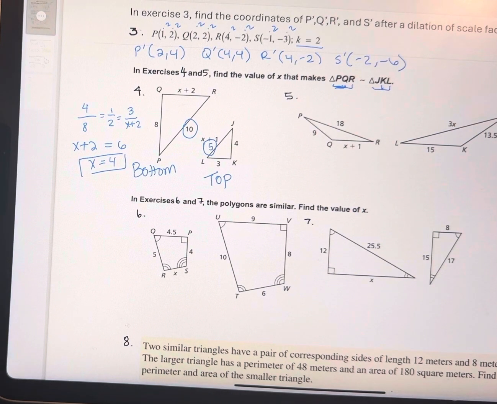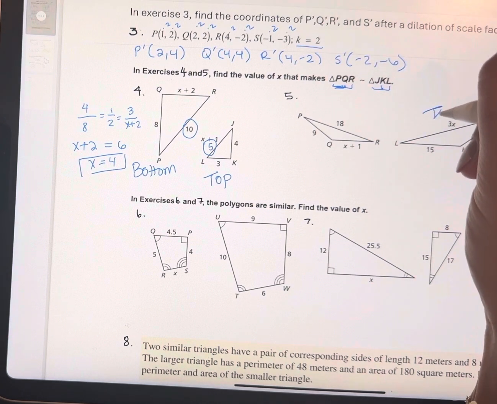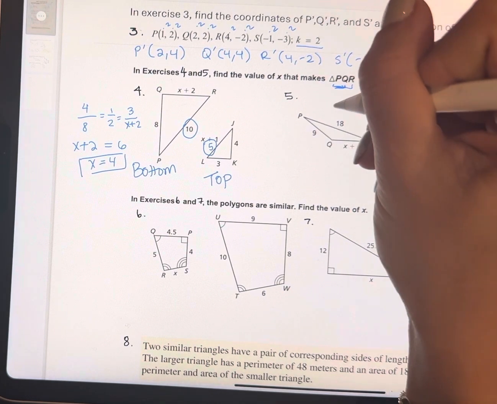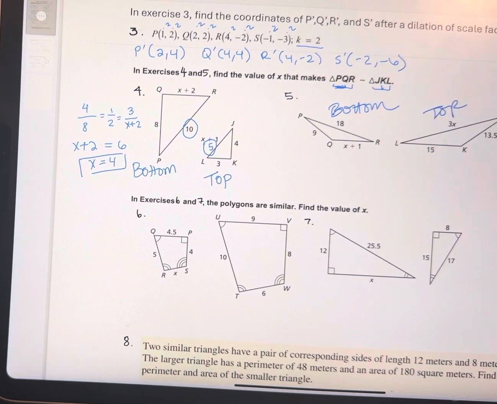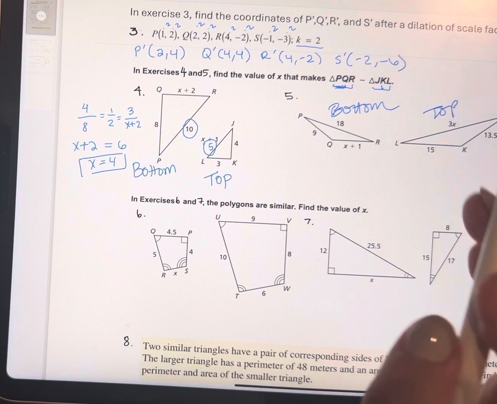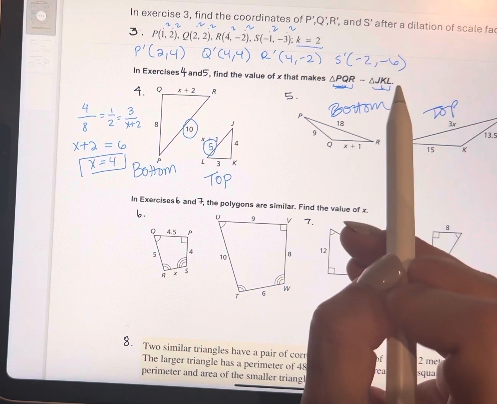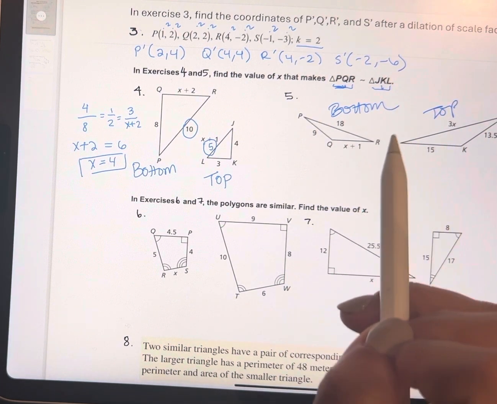Okay, number 5. I'm going to do the same thing. So top, bottom, and that looks like an R. I didn't mean it to look like an R. Okay, here we go. Let's go again. JK, ugh, that's 13.5. Do I really want that? Let's see. LK is 15.